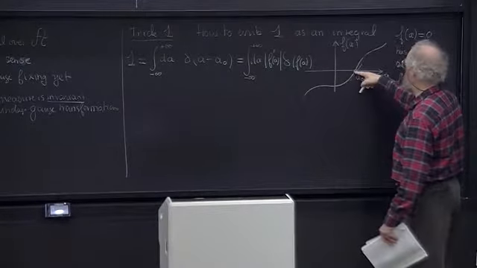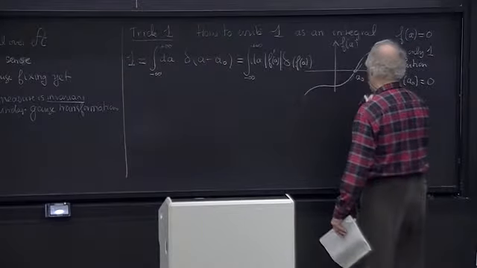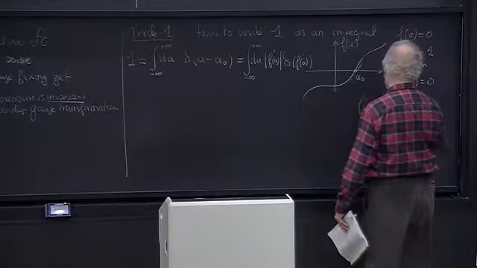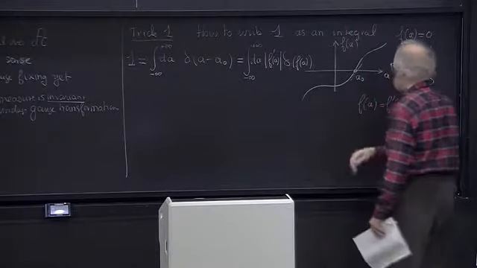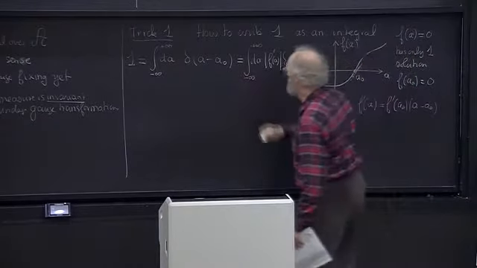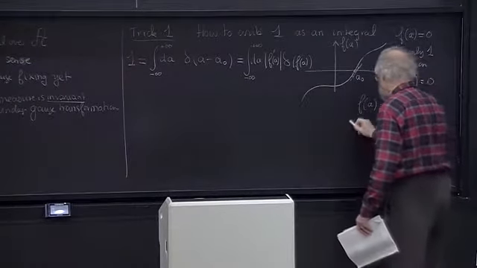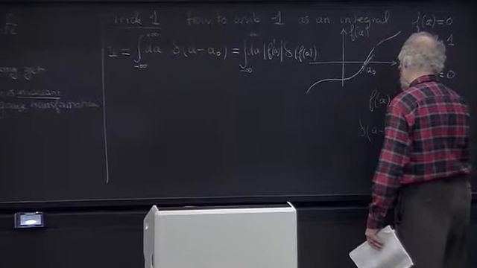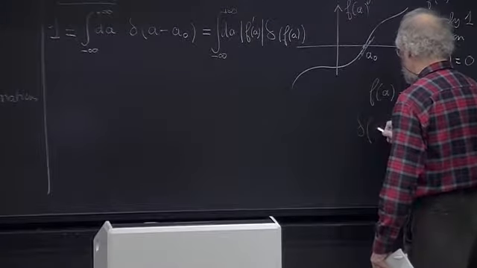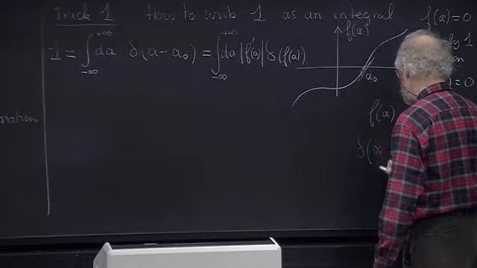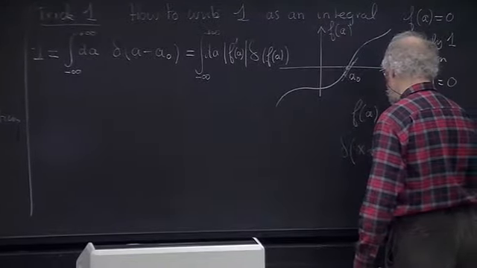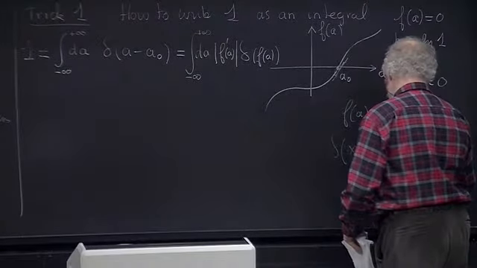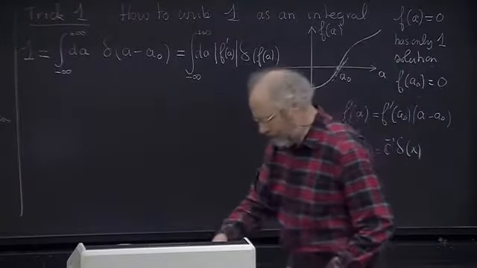You write that f of A is approximately f prime of A naught times A minus A naught in the vicinity of A naught, and you use the fact that the delta function of any function x times some number c is c to the minus 1 times delta of x. So you are just making a change of variable.